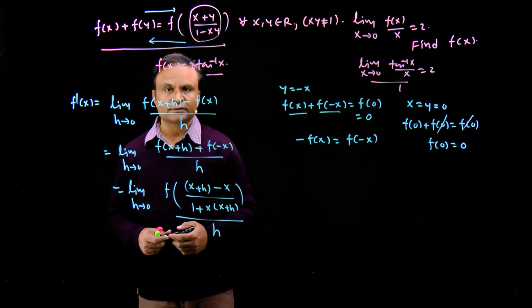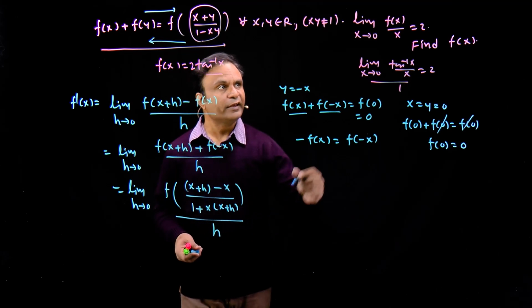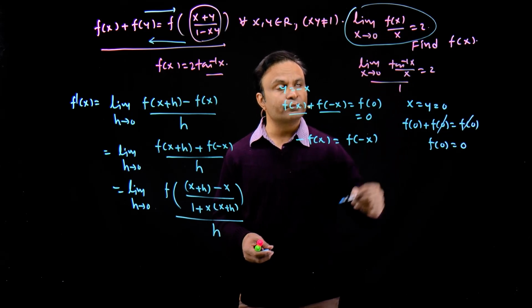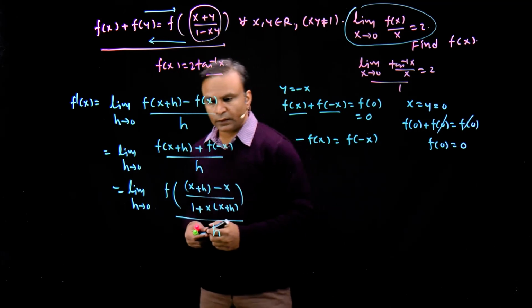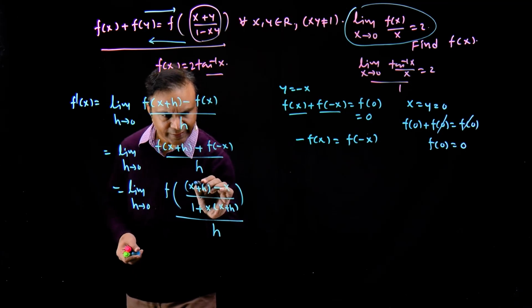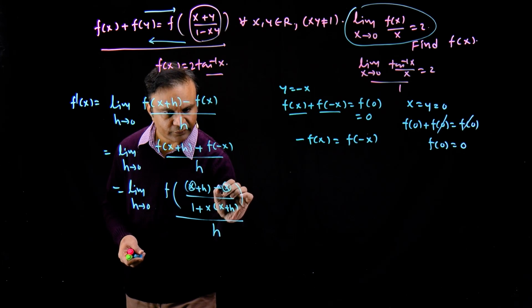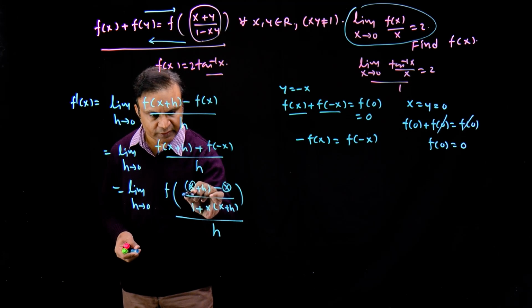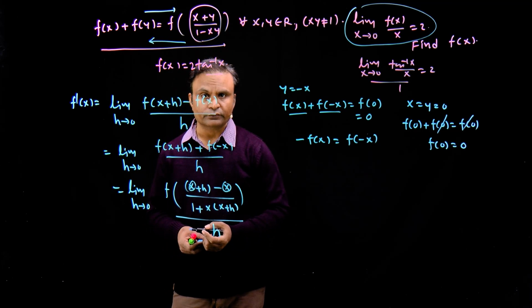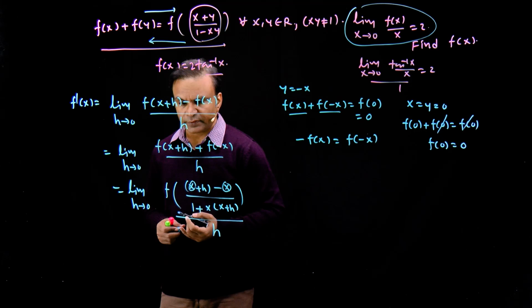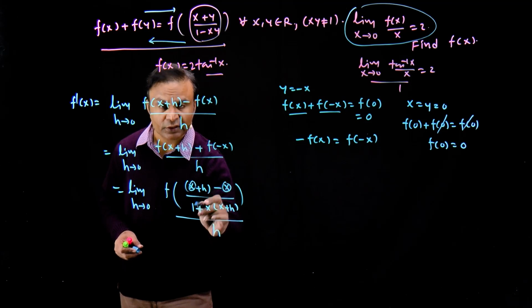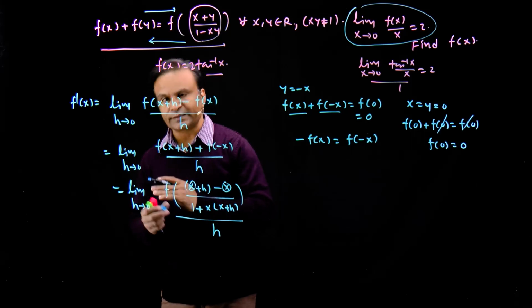What is next? Now we have this limit given, limit x tends to 0 of f(x) upon x is equal to 2. Now here x gets cancelled out, so I have h in numerator, and when h tends to 0, this entire expression tends to 0. So we can assume that in place of x, here we have this expression which tends to 0 when h tends to 0.